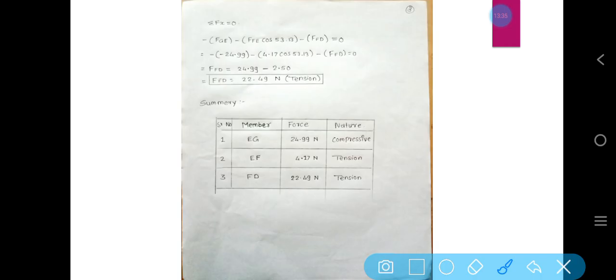By the formula of summation Fx of the equilibrium condition, we can get FFD, which is equal to 22.49 Newton, and it is positive, which indicates that it is a tension in member FD.